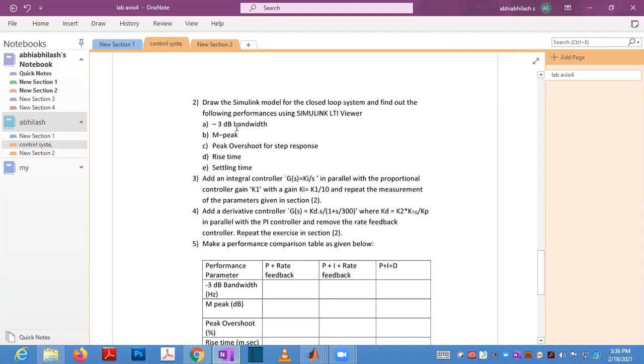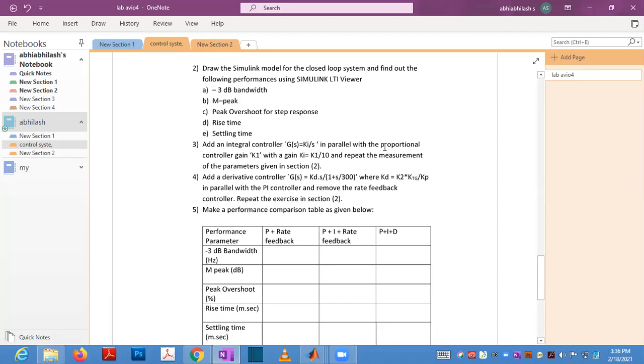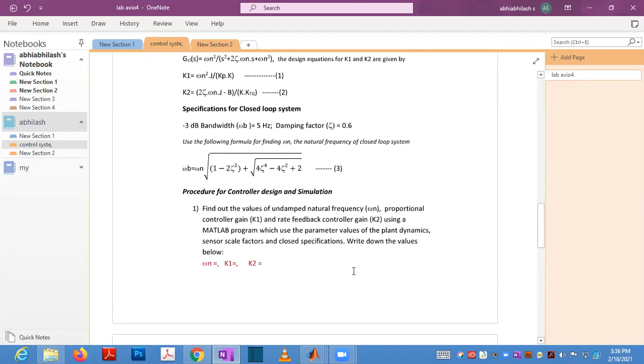These two are frequency response only, which Samsar will cover next week, and these three things are for step response. So you have to add an integral controller, and then you have to do these things. First you do procedure number one.